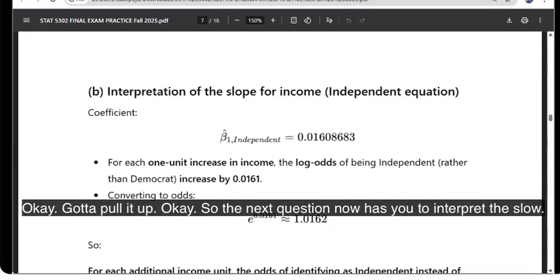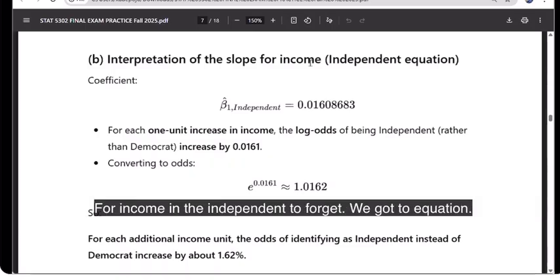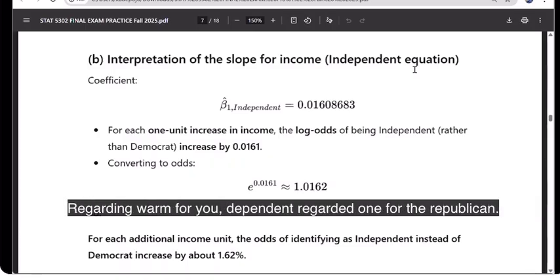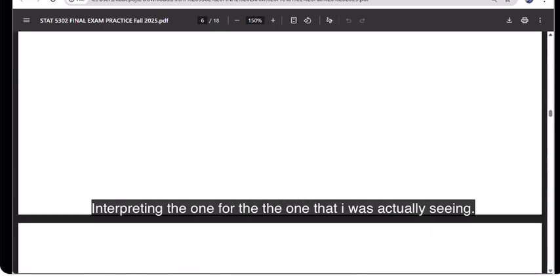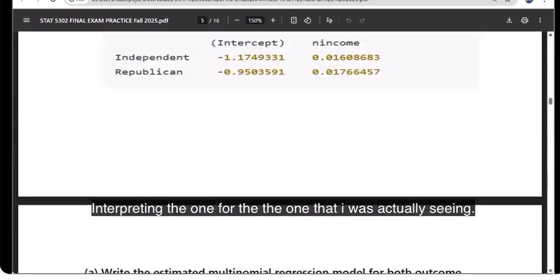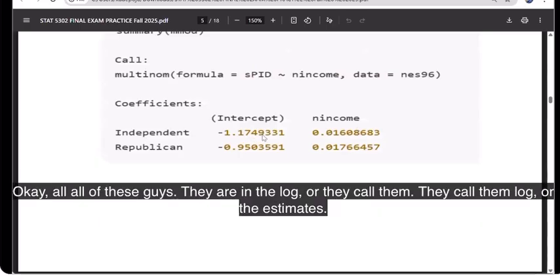Okay, so the next question has you interpret the slope for income in the independent equation. Don't forget we've got two equations, one for independent and one for Republican. If I interpret the one I'm actually seeing, the independent, all of these are in log odds.